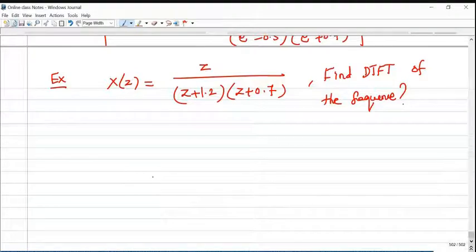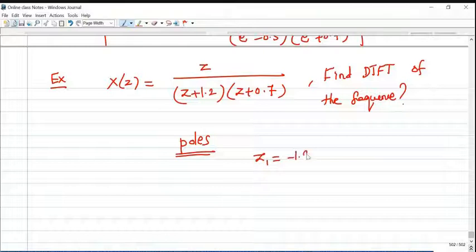The sequence is not given first of all; only the transform of the sequence is given. First you have to check the poles: z1 equals minus 1.2, z2 equals minus 0.7. So can we find the DTFT from the given X(z) from this basic information?